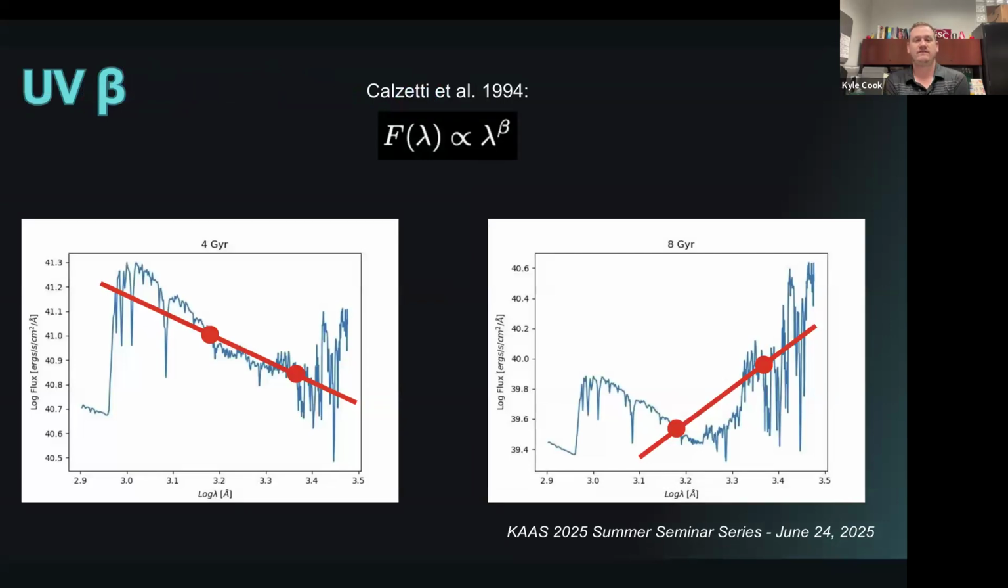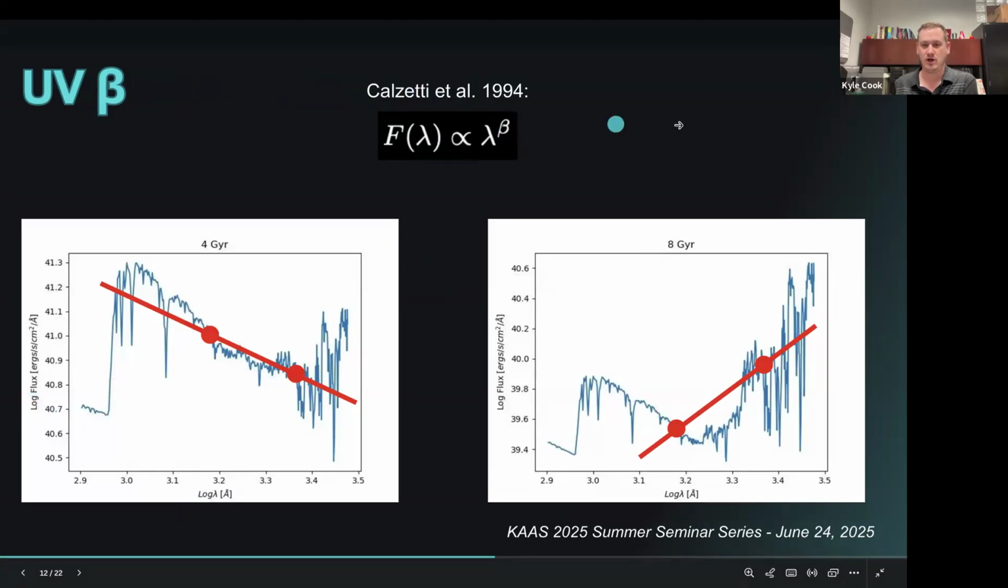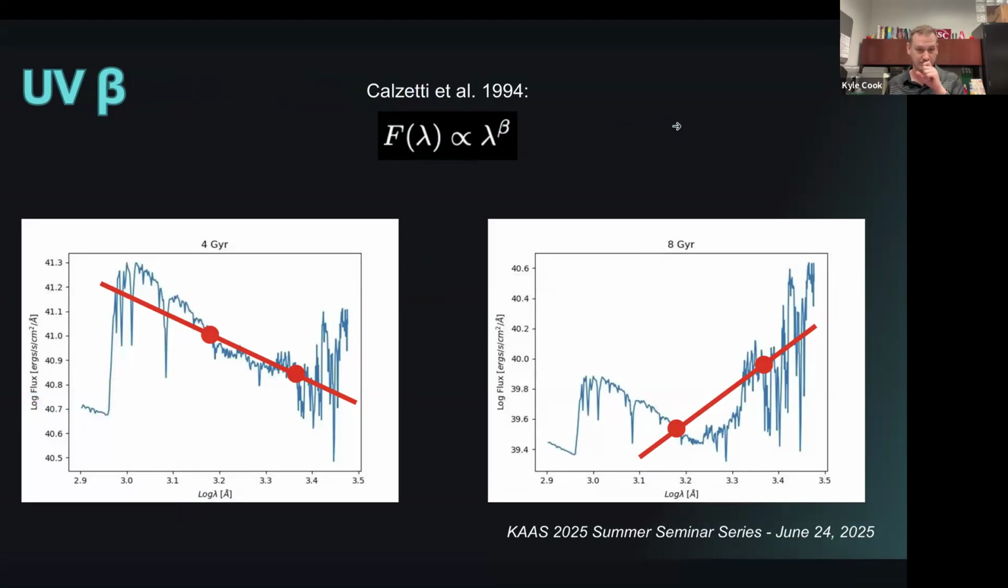So there is a value called the UV beta, which is basically just the slope if we're in a log space. So it's a power law, but if you go logarithmic in both spaces, you can fit that with a linear relationship. And the points I've chosen here are the band passes that correspond to the GALEX telescope, where you just have two bands, a far UV and a near UV.